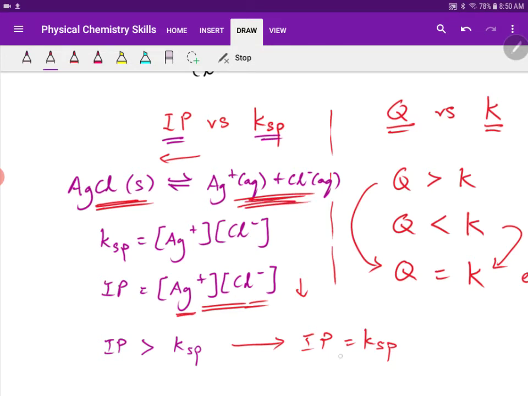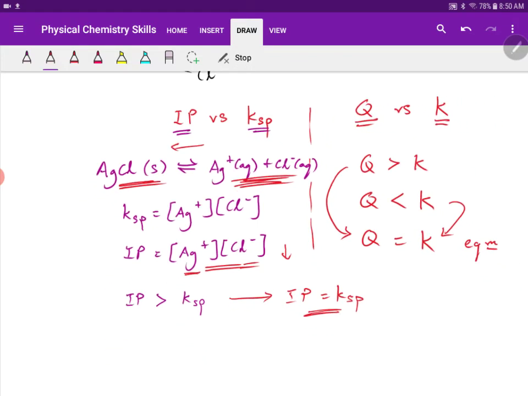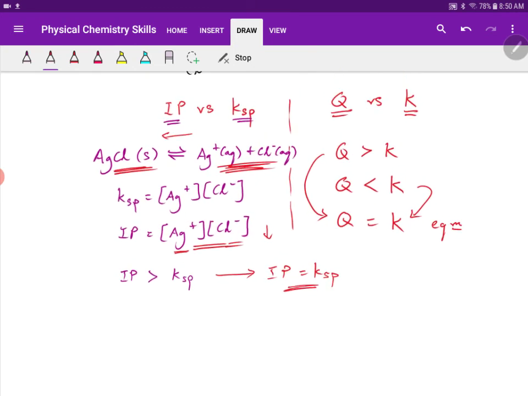It will precipitate out until IP is equal to KSP. As long as you have a solid and a solution at equilibrium, IP is always equal to KSP, but momentarily, IP might be greater than KSP, then you will get more precipitation. But before I get to that, let me just discuss a little bit more about IP versus KSP first.